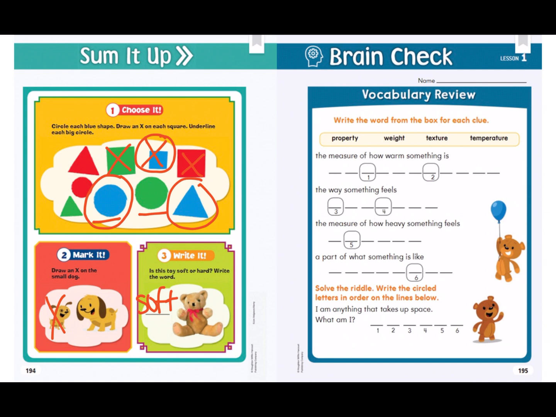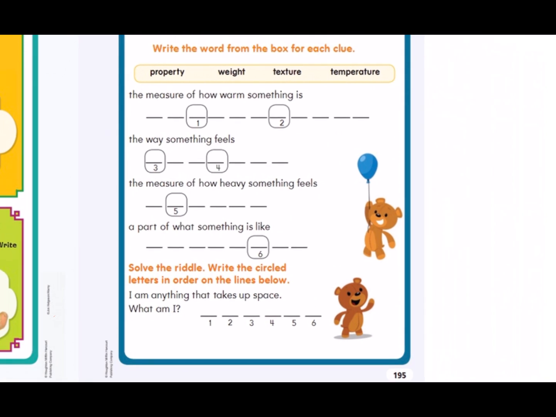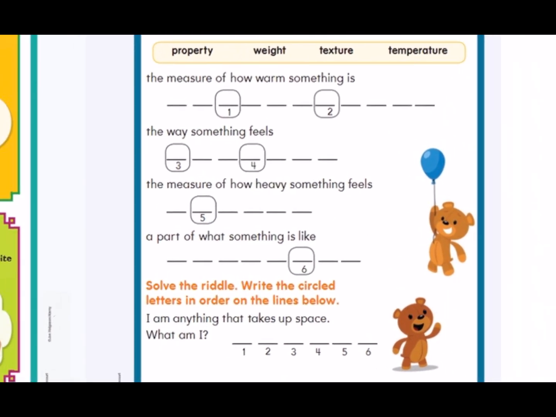Okay, and remember, you can always play and pause as needed. I am going to erase so that we can zoom in on our vocabulary review. The measure of how warm something is: the temperature.